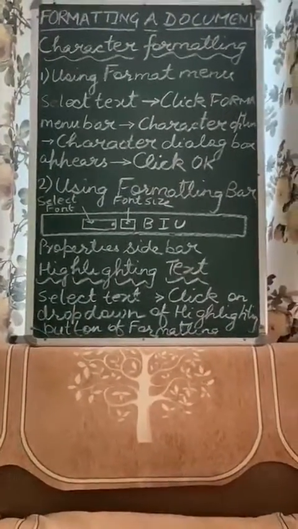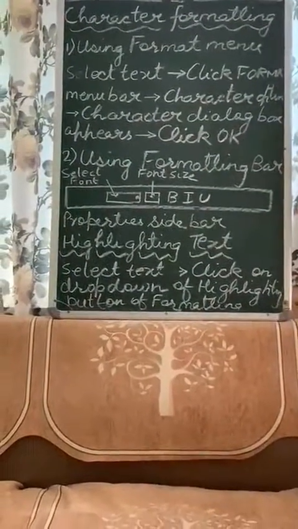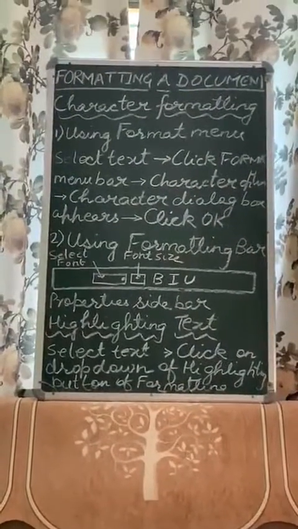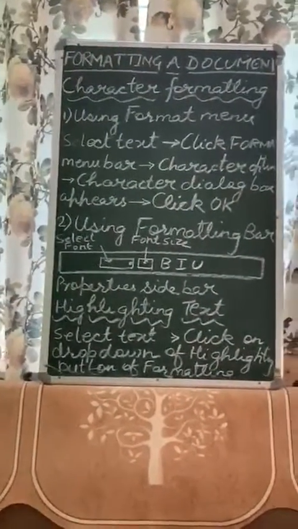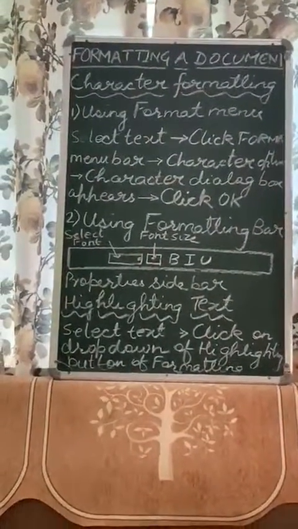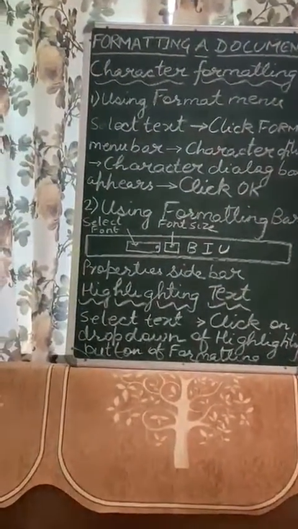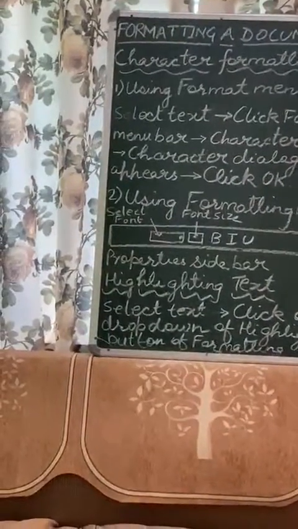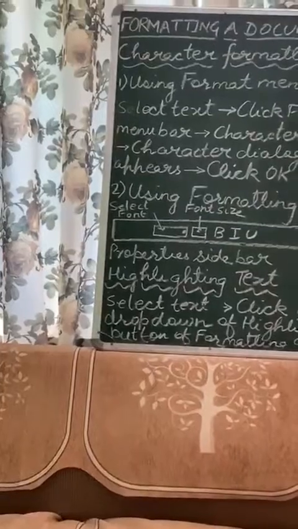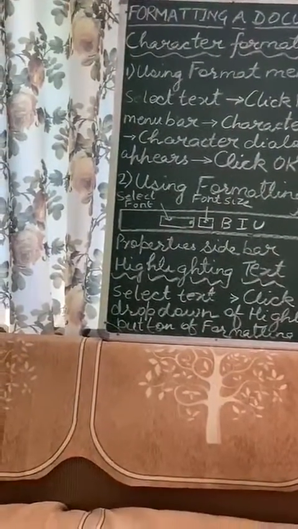Now, what is this properties sidebar? Just like in your MS Word, when you were clicking on clip art, what was happening? You got a clip art window at the side of your main window. Similarly here you have the properties sidebar where you can find various options just like you have in your formatting bar.